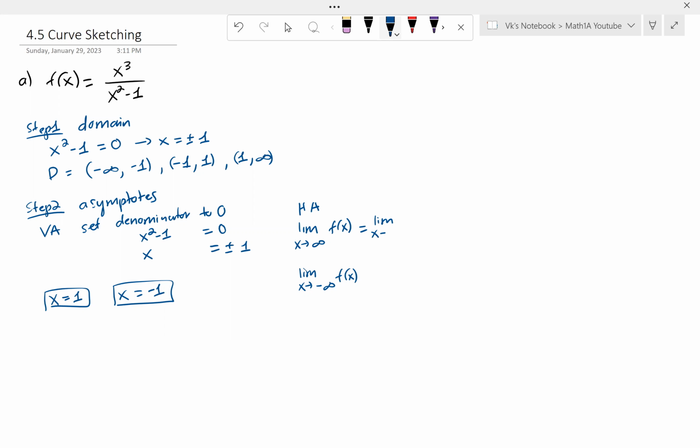So this is the same as the limit as x goes to infinity of x to the 3 over x squared, which is the limit as x goes to infinity of x, which is infinity. And the limit as x goes to negative infinity of x cubed over x squared is the limit of x, and this is negative infinity. There's no horizontal asymptote, but then we know where the curve should go.